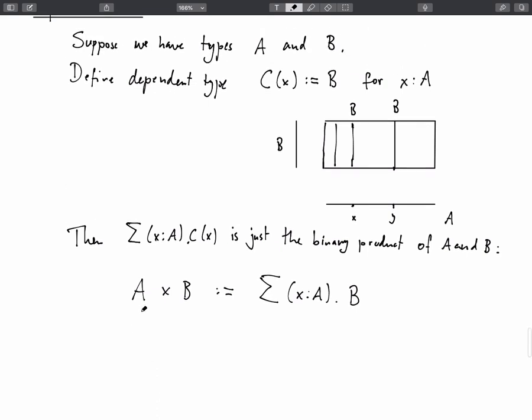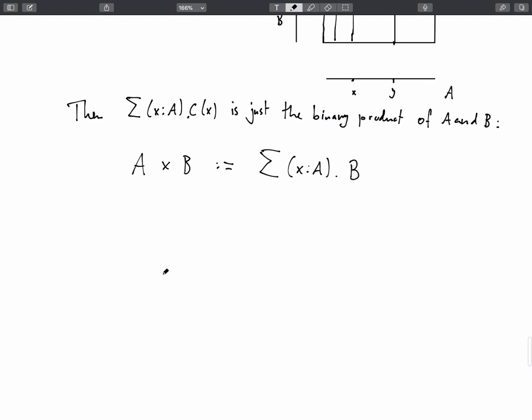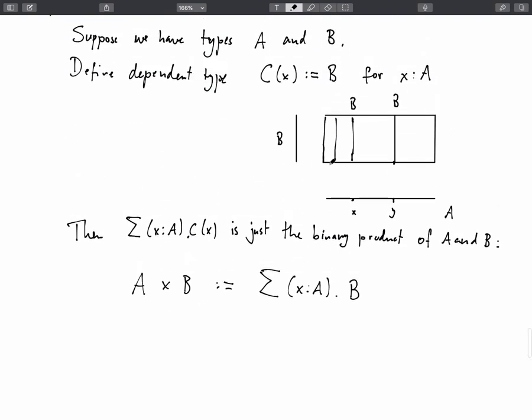Let's do the same thing for pi. So what is a pi? What's a section of this rectangle? We could also represent a binary product with a pi? Yes, we can also present the binary product with a pi, but first we need a two-point space.